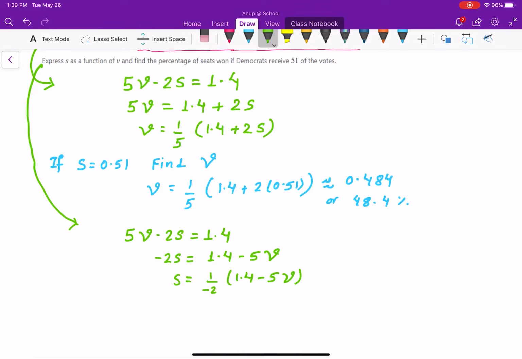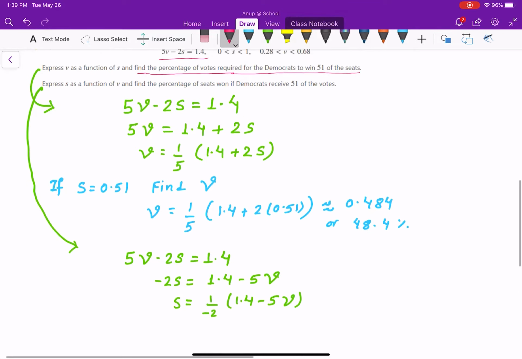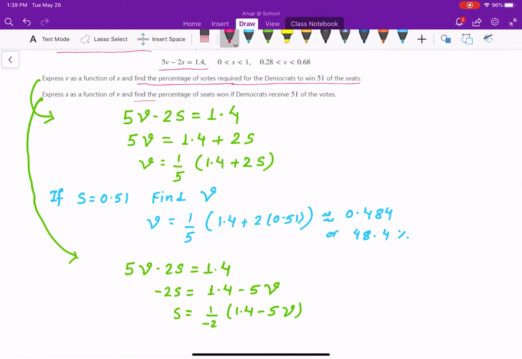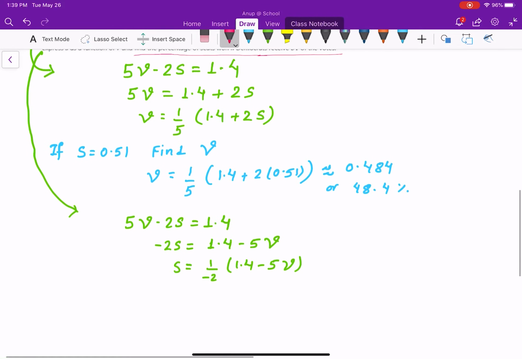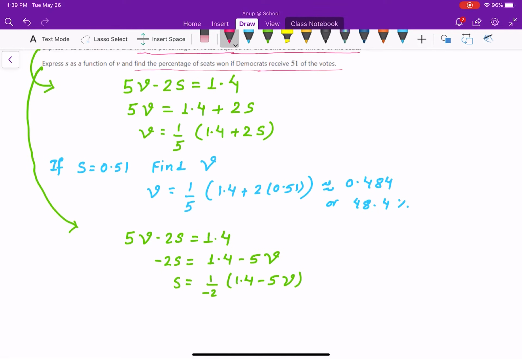We also have something to figure out here. It also says to find the percentage of seats won. That means find S if Democrats receive 51% of the votes. So 51 is a percentage, and V equals 0.51, the vote converted into the decimal.